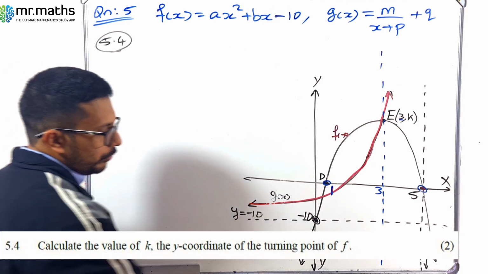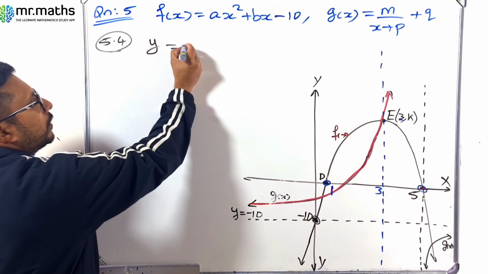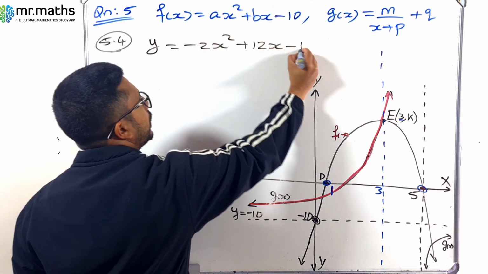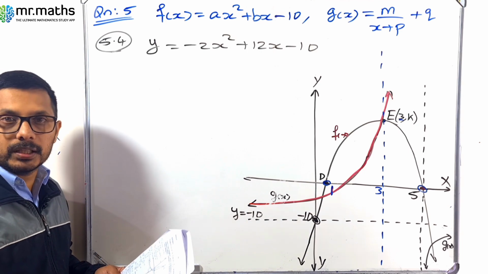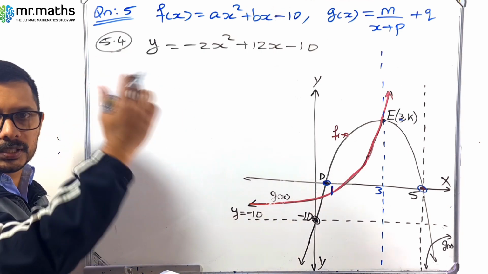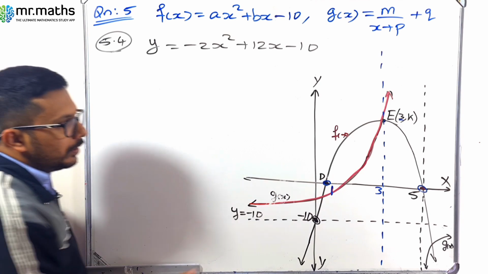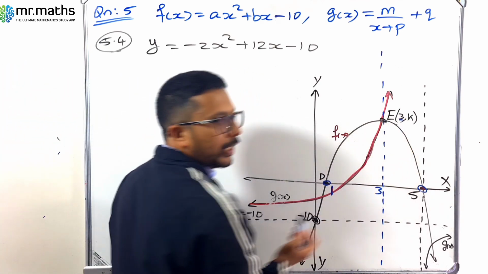So what is the equation of this f of x? Previous question we got y is equal to minus 2x square plus 12x minus 10. Is it not so? Minus 2x square plus 12x minus 10. That is the equation of f of x from the previous question 5.3. Okay, now at this turning point, what is the value of x?